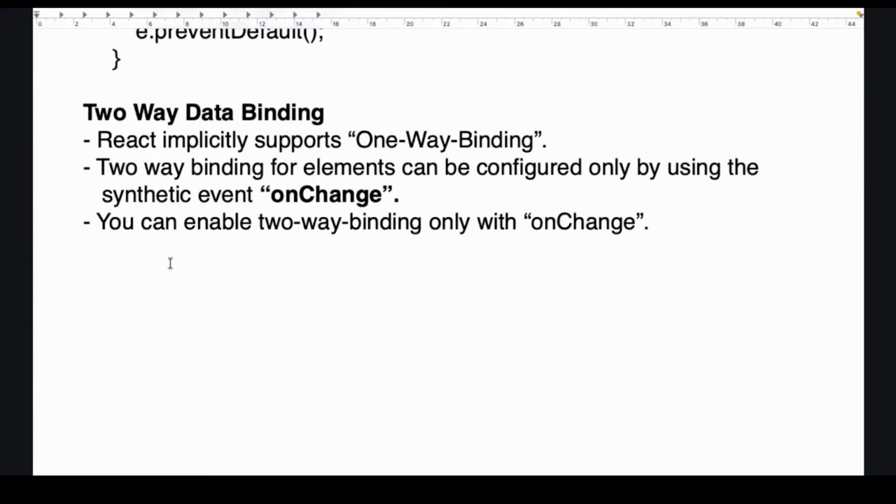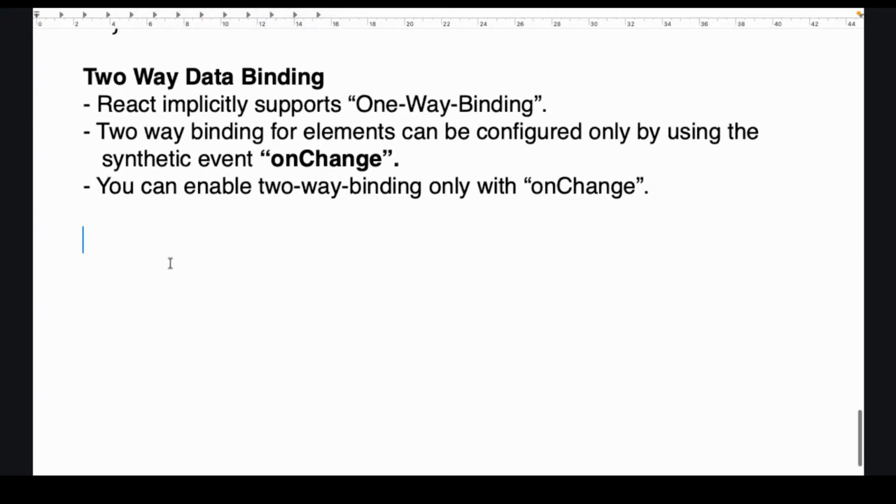But collecting data from an element can be done only by using on change. That means you can collect data using on change and do other operations on key up, key down, key press, blur and others. Suppose after collecting, I need to convert it into uppercase or slice the data. Then you will see all other operations. We will try some examples on that. So initially, this is very important.